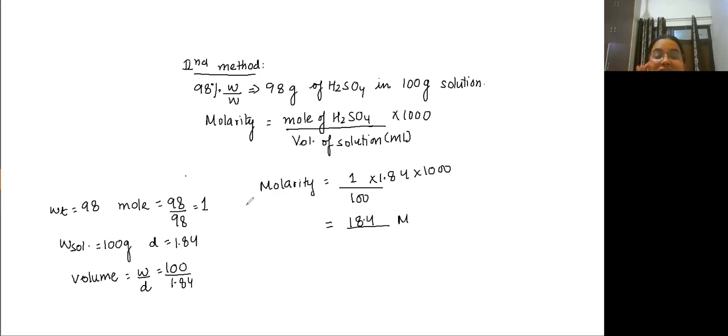So whether you want to do it by the first method or the second method, both ways are correct. But the second method is easier if you know the concentration terms. For the first method, you should remember the formula.